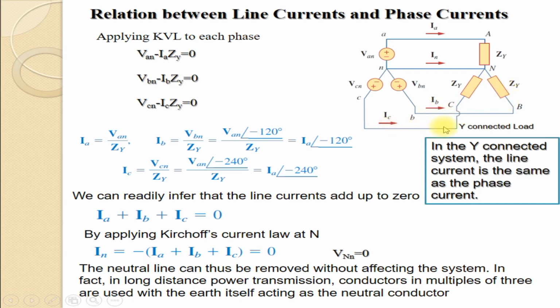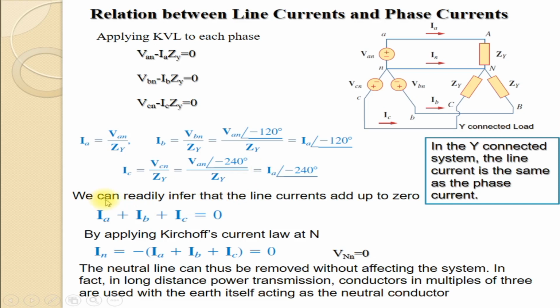Similarly, IC is the line current in the C line, and it is the current flowing through the impedance in the third line. That means here the phase current is the same as the line current, but there is a phase difference between them. In the star connected system, the line current is the same as the phase current, which can be seen from these relations.